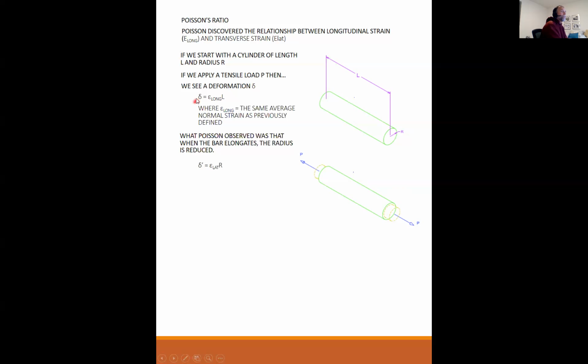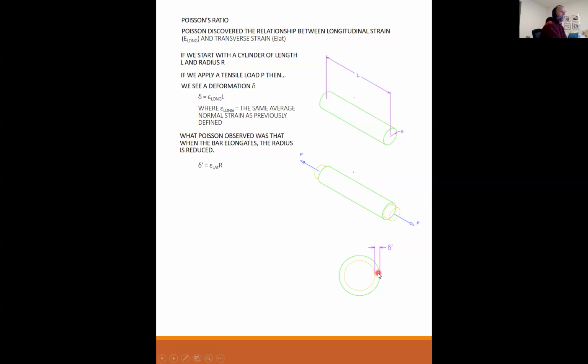So I have delta in the long direction, I have delta prime in the cross-sectional direction, I have strain in the longitudinal direction, I have strain in the lateral direction. And all of this is only valid within the elastic range.